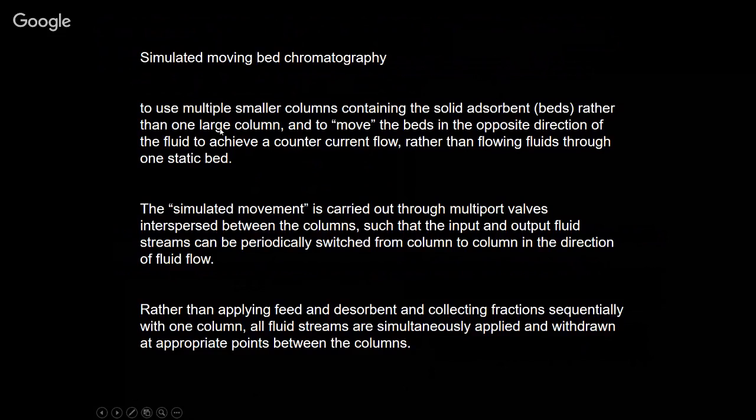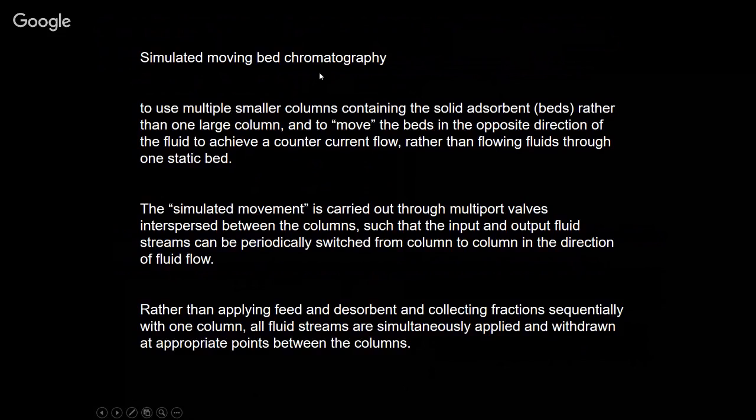The one large column method is where we put in the feed and then you get one product after another. So it's more linear, whereas in simulated moving bed, as if the bed itself is moving, it overcomes these problems. You use less solvent, and we can get all products simultaneously. That's the advantage.